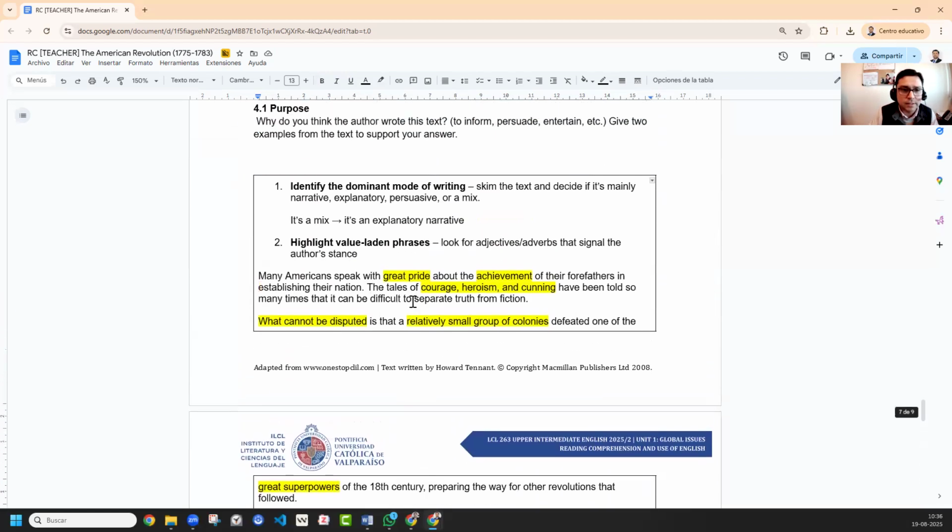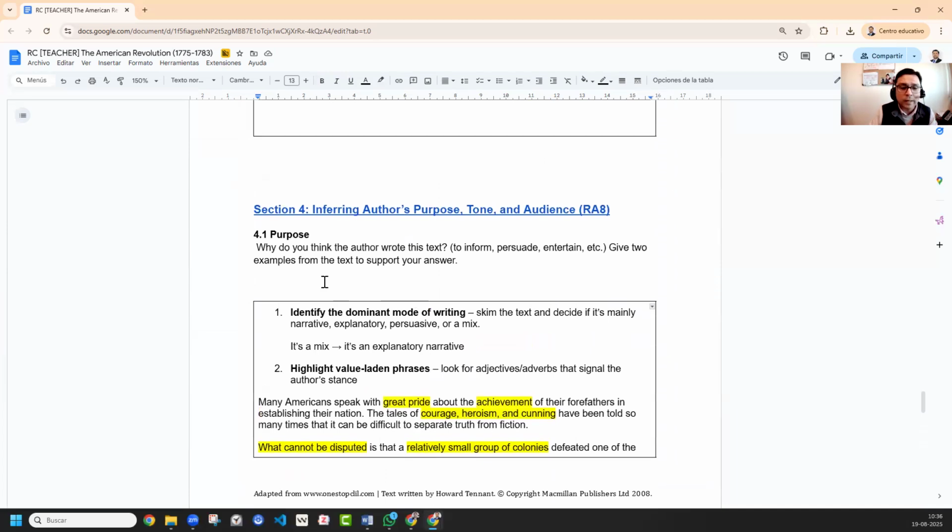Okay, the question is, why do you think the author wrote this text? To inform, persuade, entertain, etc. Give two examples from the text to support your answer.